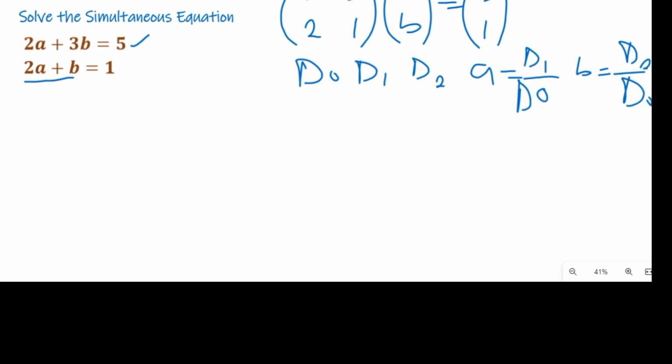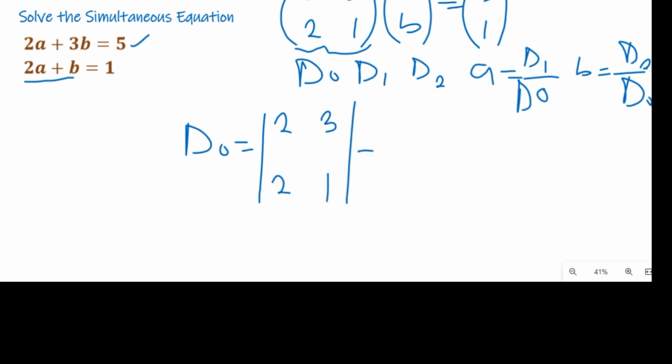We're going to find firstly the value of D0, which represents the determinant of the main matrix, which is this matrix. So this will give us 2, 3, 2, and 1. The determinant of that matrix will give us 2 times 1 minus 3 times 2.